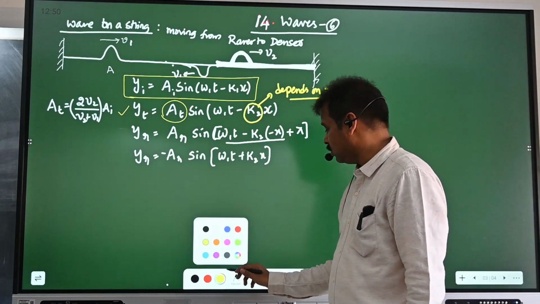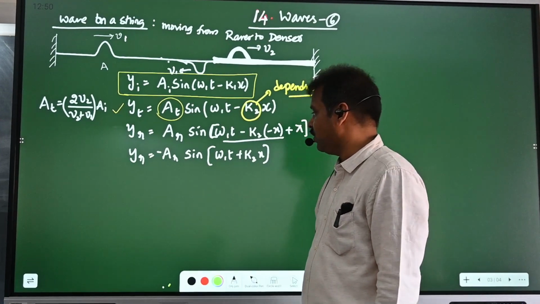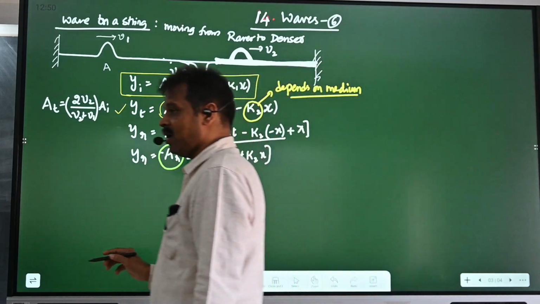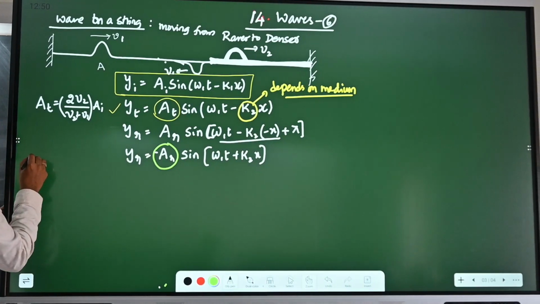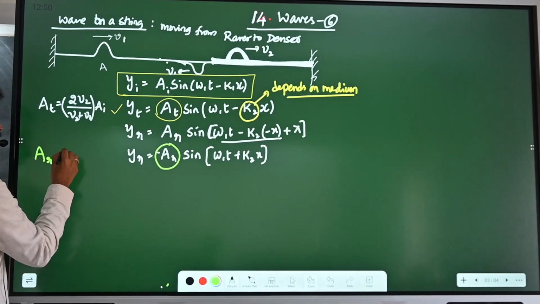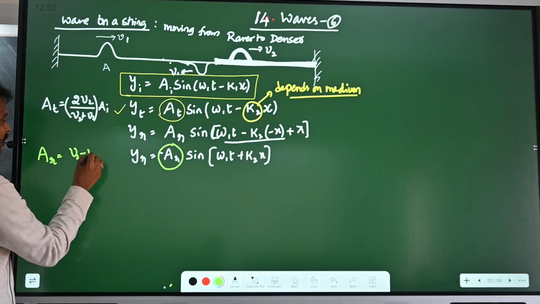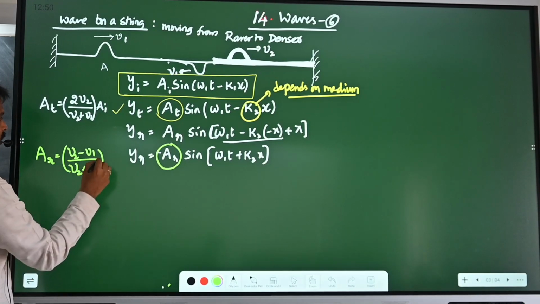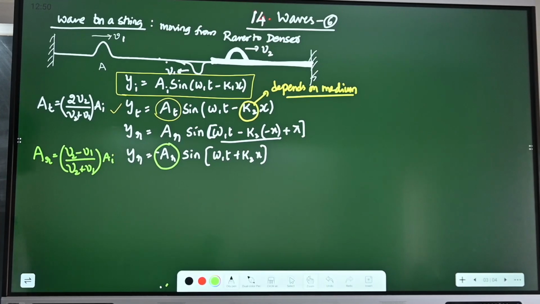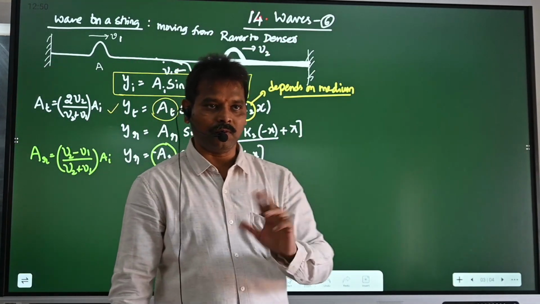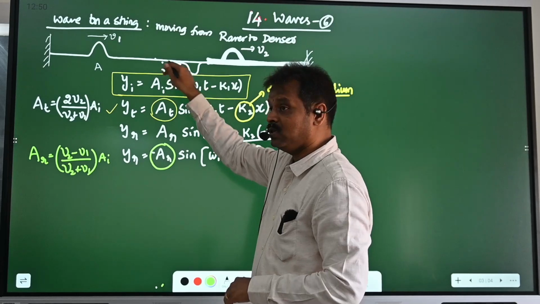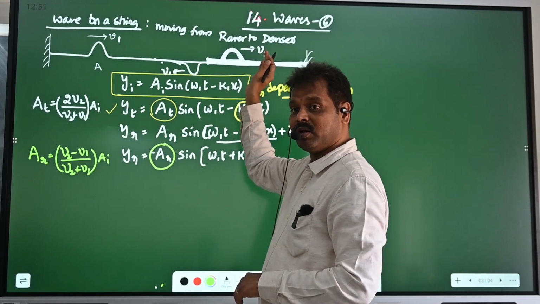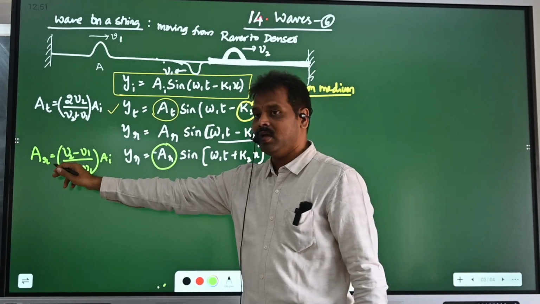Now you come to the reflected wave. What are the changes from A I to A R? What is A R, students? The amplitude of the reflected wave is V2 minus V1 by V2 plus V1 into A I. So V1, V2 are compulsorily different. Even though we are talking about the incident and the reflected, we need the velocity of the second medium also to find this A reflected.